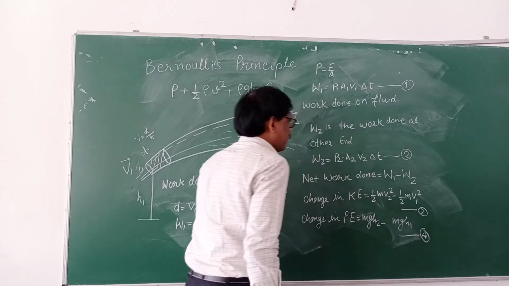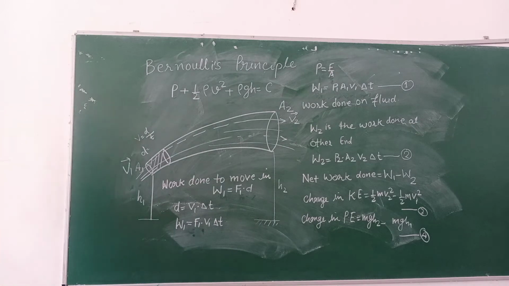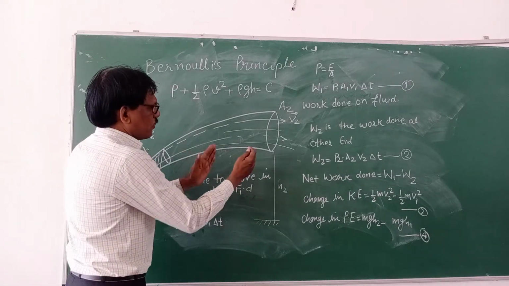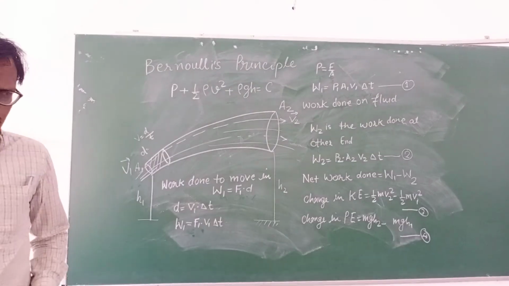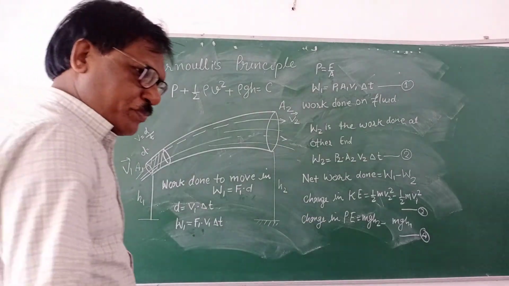This will be equation 4. So according to conservation of energy, the work done will appear in the form of change in kinetic energy plus potential energy.